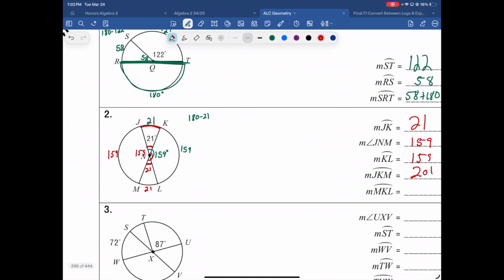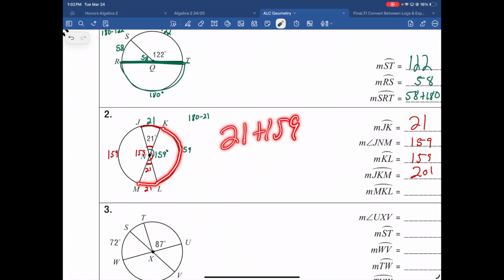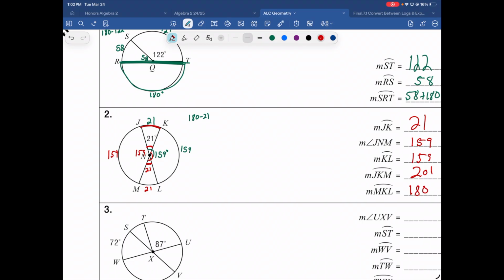And then the last one is MLK. There's M, there's L, so there's 21. Get to K, there's another 159. So 21 plus 159 is 180. So there are our solutions, and we're done.